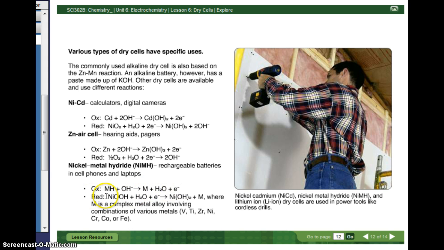The reduction is NiOOH plus H2O plus an electron yields nickel hydroxide plus the metal, where M is a complex metal alloy involving combinations of various metals such as vanadium, titanium, zirconium, nickel, chromium, cobalt, or iron. Nickel cadmium, nickel metal hydride, and lithium ion dry cells are used to power tools like this cordless drill.